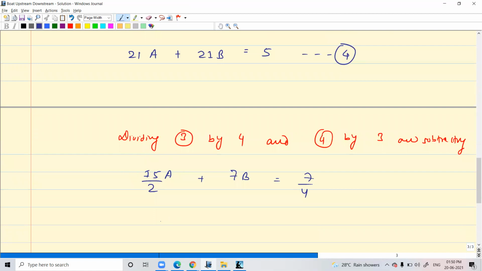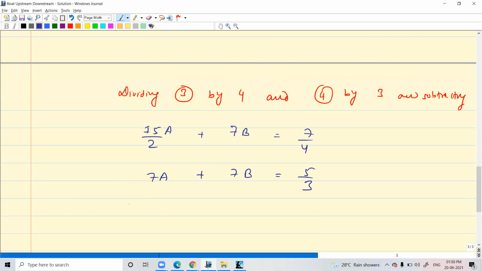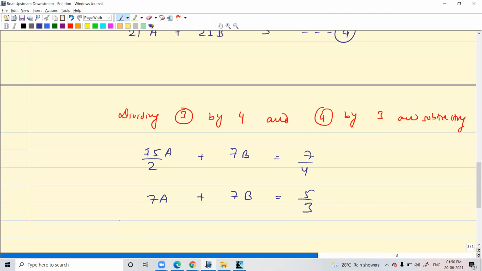The fourth equation, we are dividing by 3. So it will become 21 by 3, which is 7A, plus 21B will become 7B, and this will become 5 by 3. Now if we do the subtraction, let's change the sign.